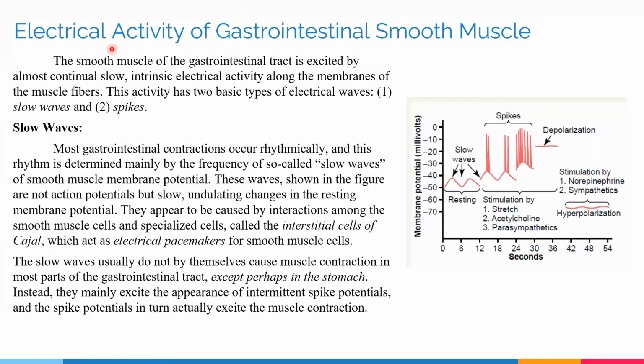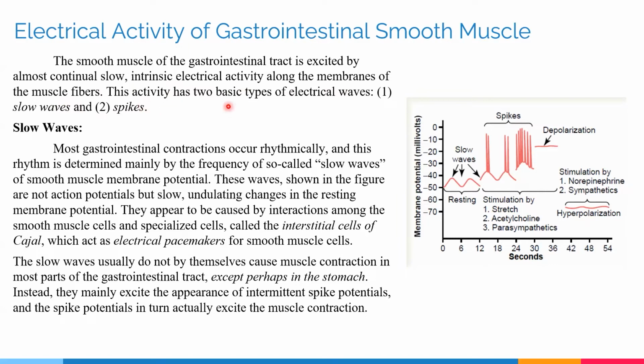Next, we look into the electrical activity of the gastrointestinal smooth muscle. The smooth muscle of the gastrointestinal tract is excited by almost continual, slow, intrinsic electric activity along the membranes of the muscle fibers.